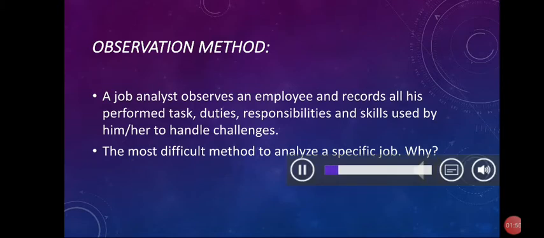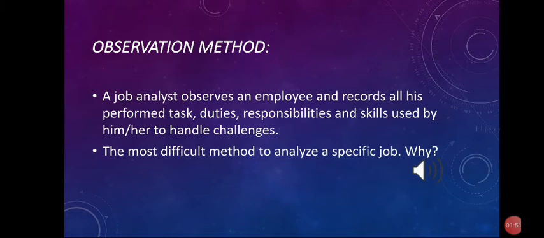Observation method is basically a method that observes an employee and records all the tasks, duties, responsibilities, and skills performed by him or her to handle challenges. This is the most difficult method to analyze a specific job.